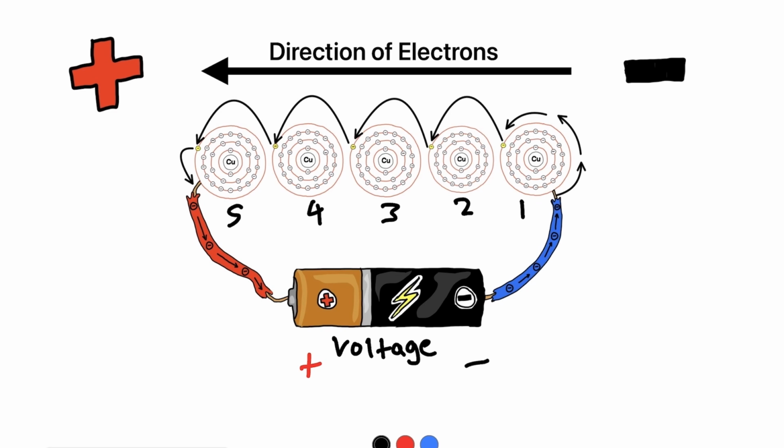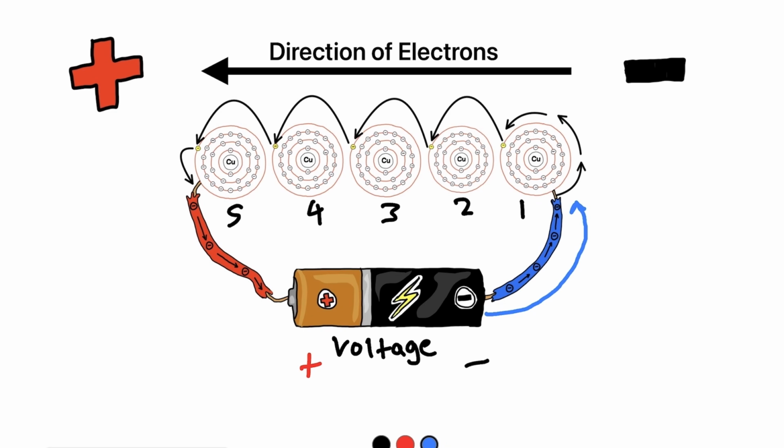When we say electricity is flowing, we mean that electrons are flowing through that wire. Okay, and they will flow from the negative side, from here, going towards the positive side. This is because electrons are negatively charged and they will be attracted to that positive side.